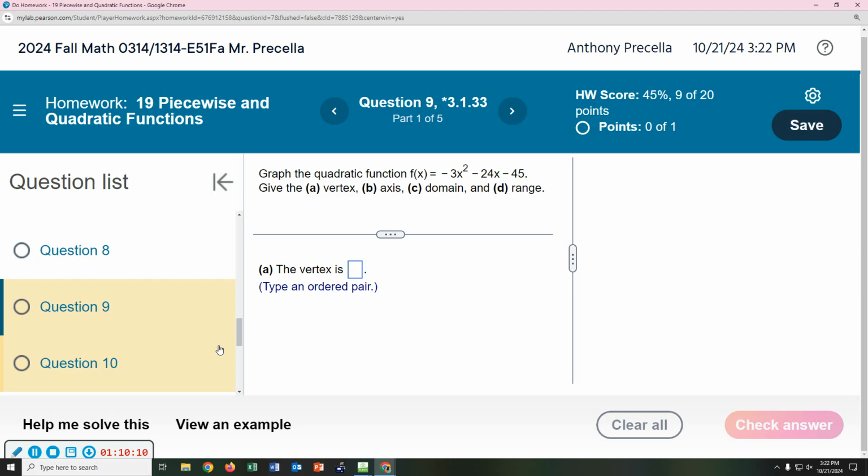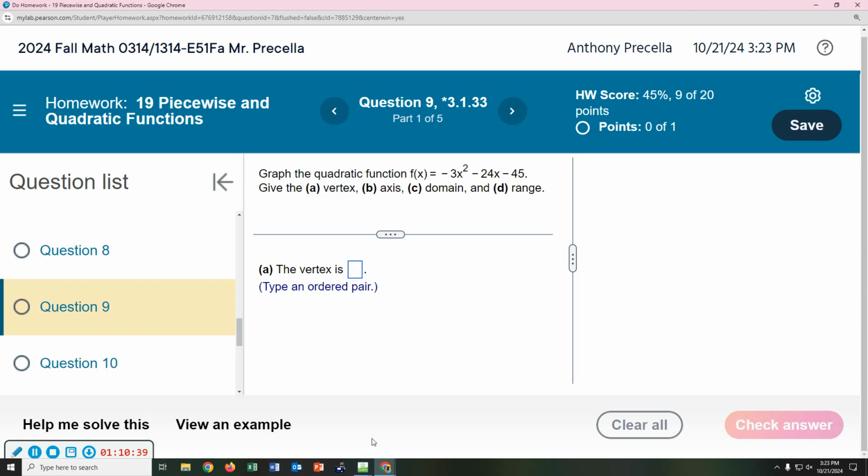So look at this problem. It says graph the quadratic function, and then we've got to give the vertex, axis, domain, range. The way we're going to graph these, we're going to find the vertex and one other point. I'd write that out as a guideline for graphing.